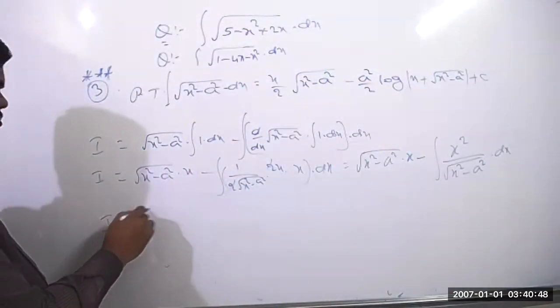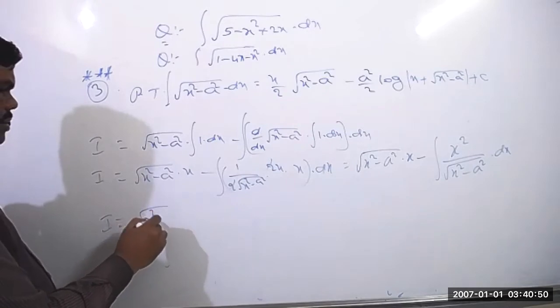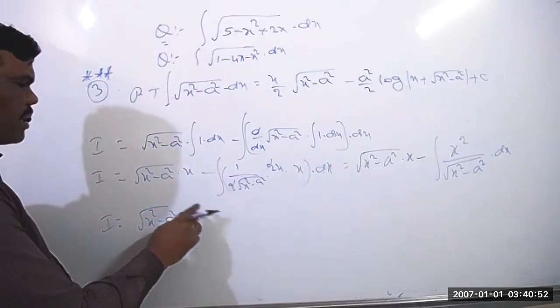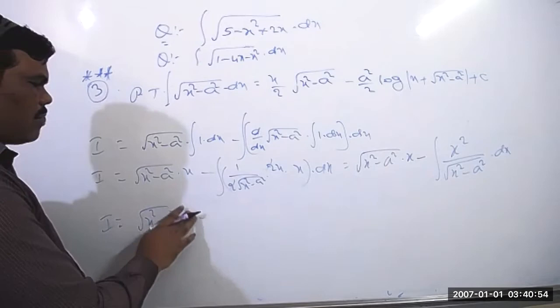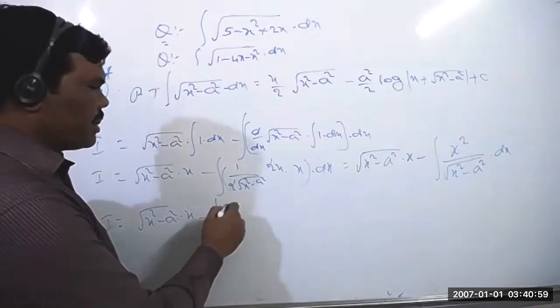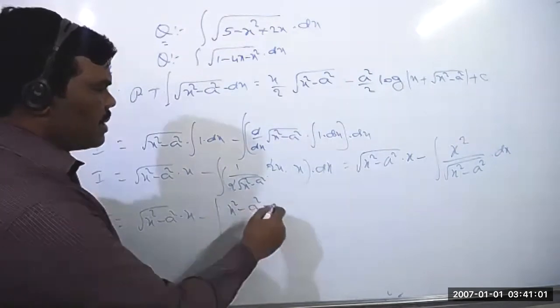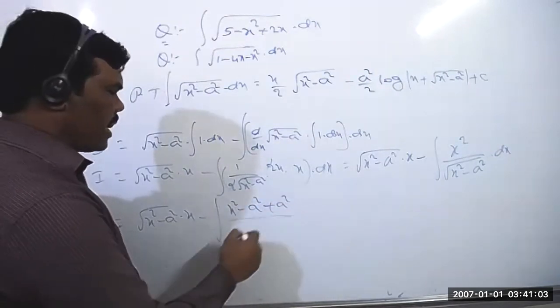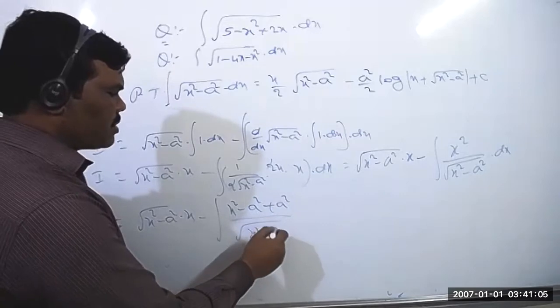So the value of I equals root of x square minus a square into x minus the integration of x square minus a square plus a square, the whole by root of x square minus a square into dx.